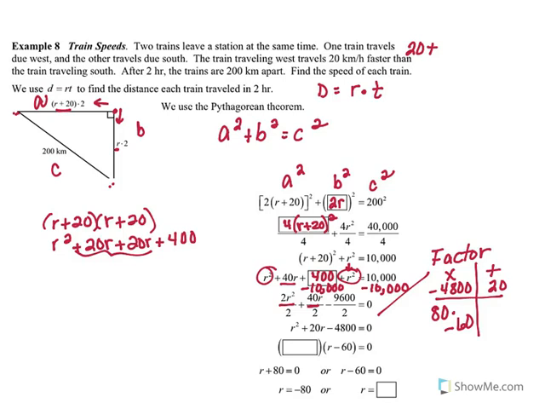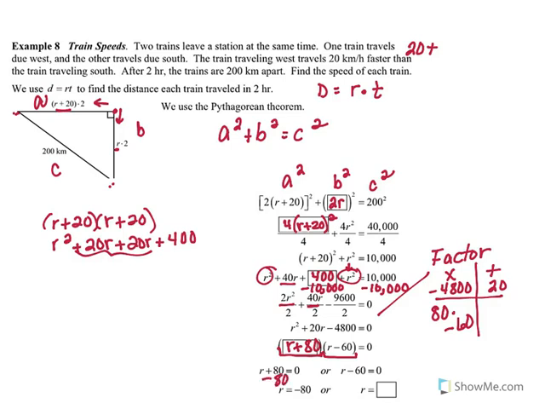There's no number in front of r squared, so I can jump to my factored form of (r plus 80) and (r minus 60). I know that when we have it in its factored form, each piece is set equal to 0, so r plus 80 is 0 and r minus 60 is 0.